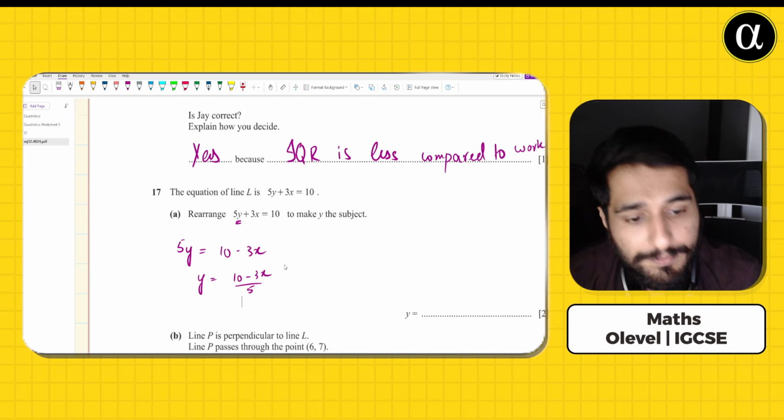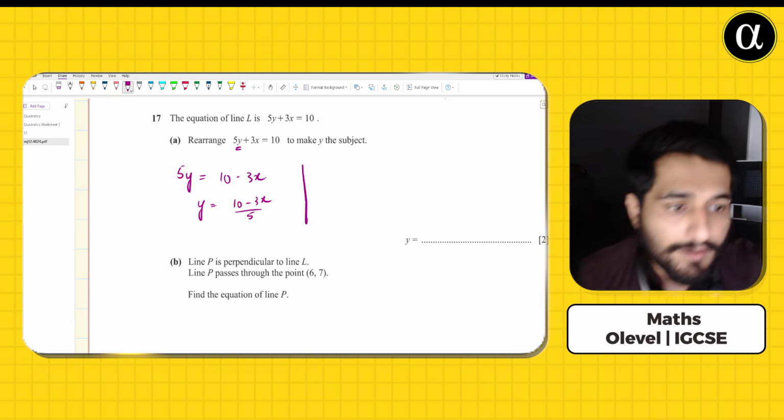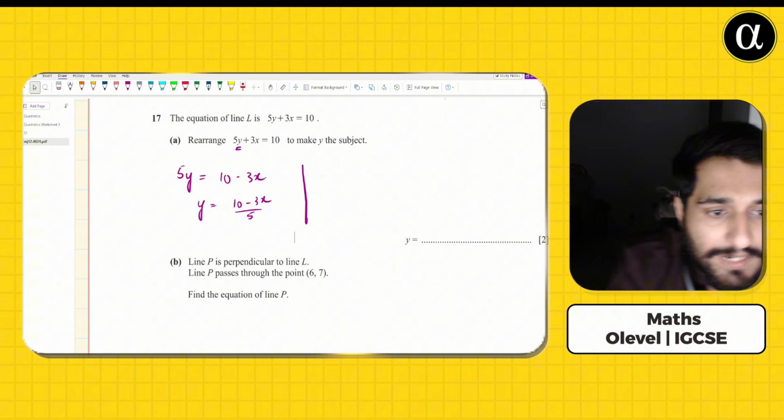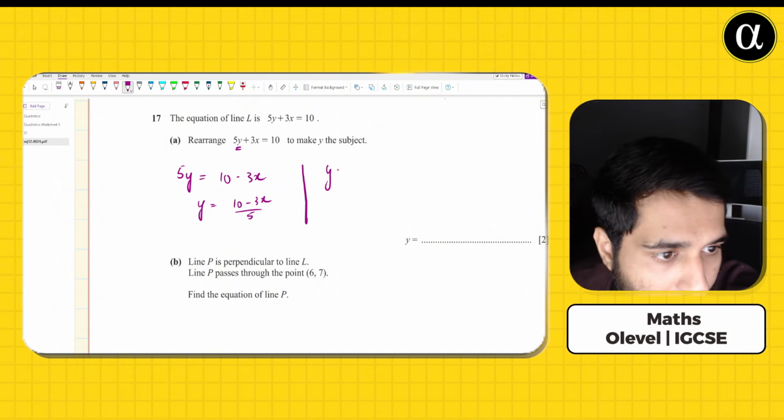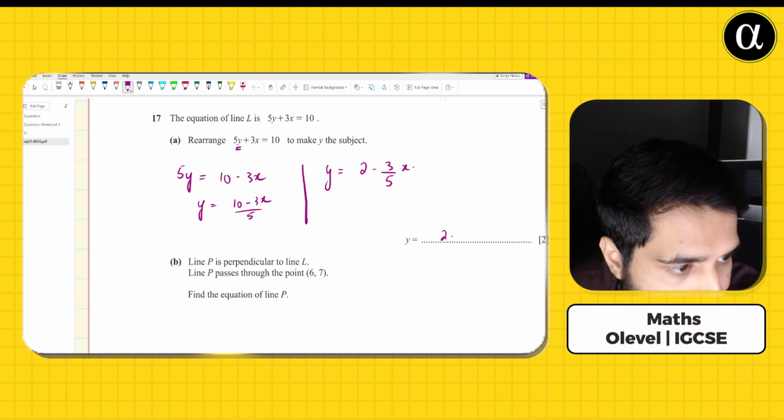You can also simplify this further if you wish. 10 over 5 gives you 2. So y is going to be equal to 2 minus 3 over 5 of x. So that's how you can write this.